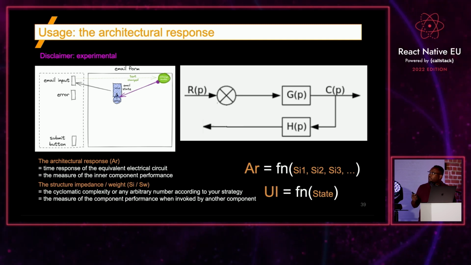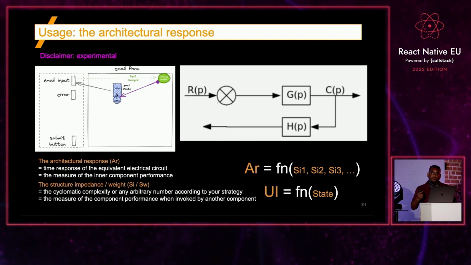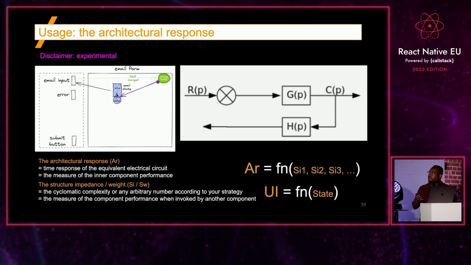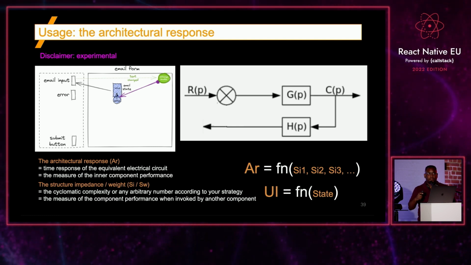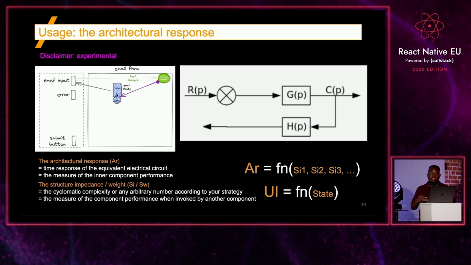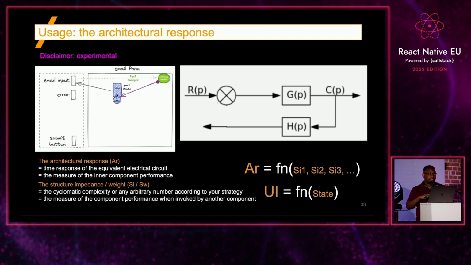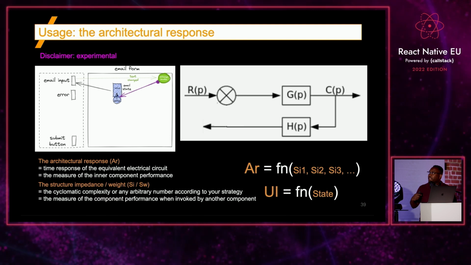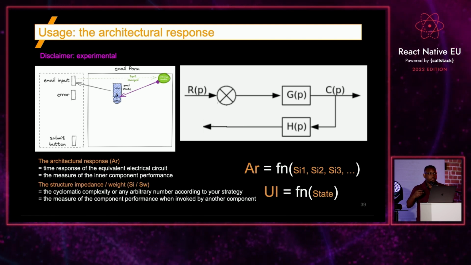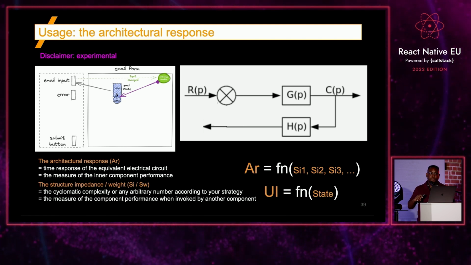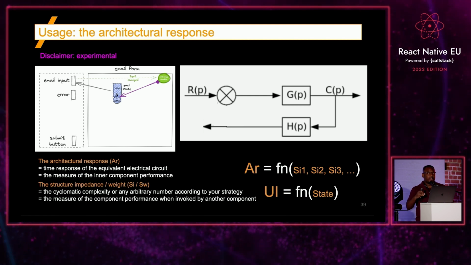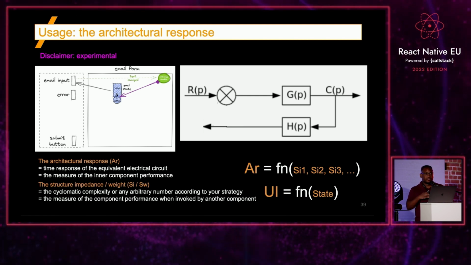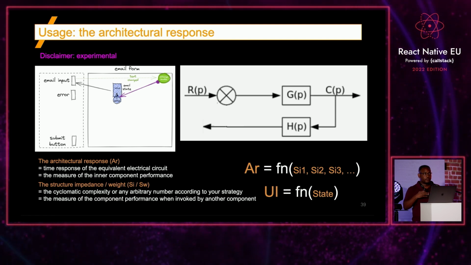So I was thinking about a practical thing, and I was like, if we could have a VS Code plugin that computes the architectural response in real time, it could be really good, because during the development step, you could define architectural rules the same way we have linter rules, okay?